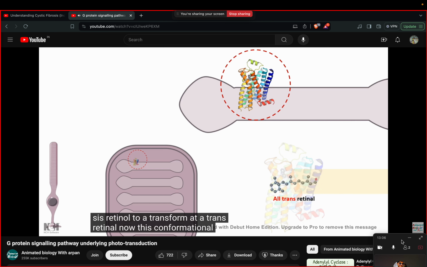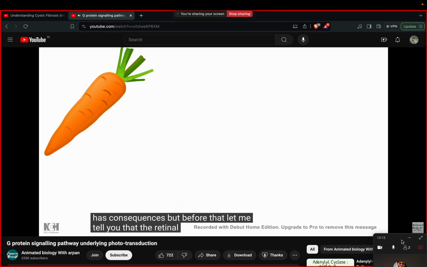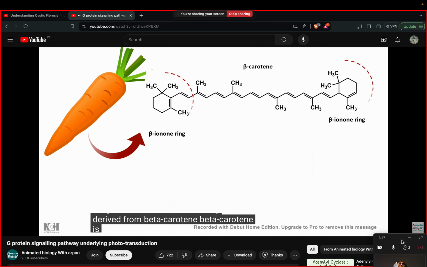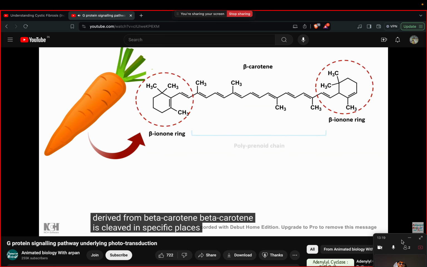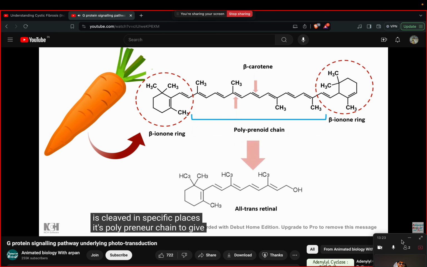Now this conformational change has consequences, but before that, let me tell you that the retinal is actually derived from beta carotene. Beta carotene is cleaved in specific places in its polyprenoid chain to give rise to all trans retinal, which is the pigment inside the rhodopsin, or which is the phototransducing system inside the rhodopsin.